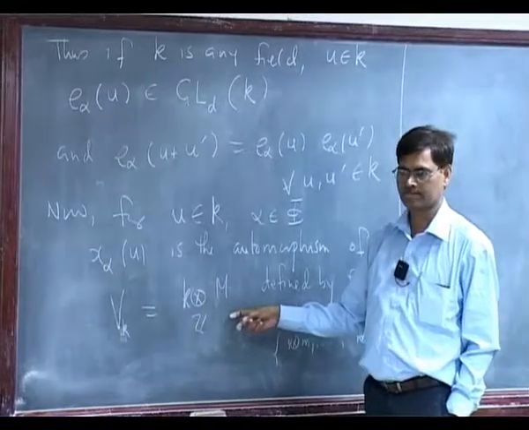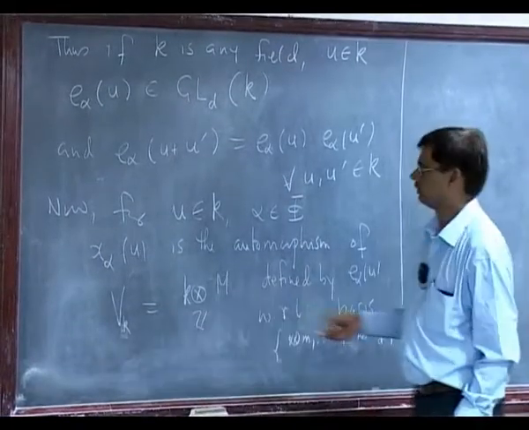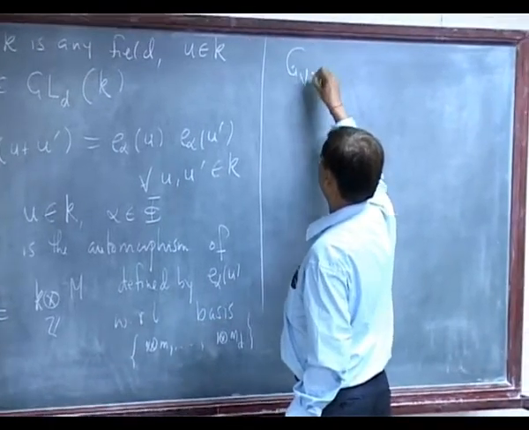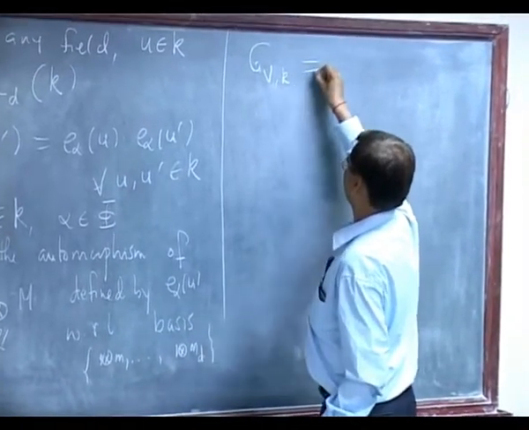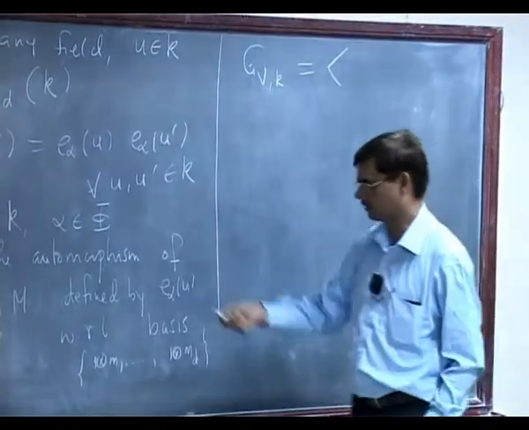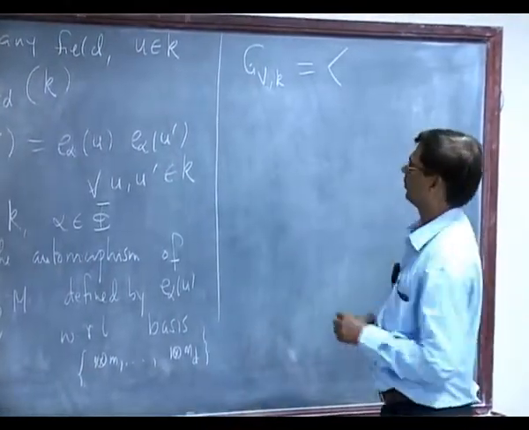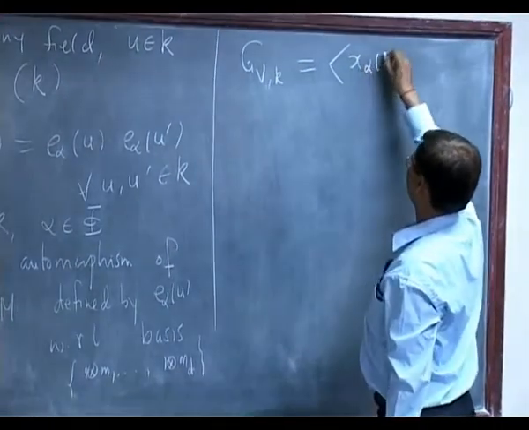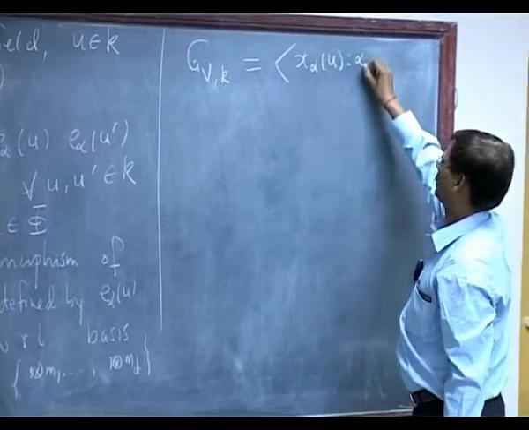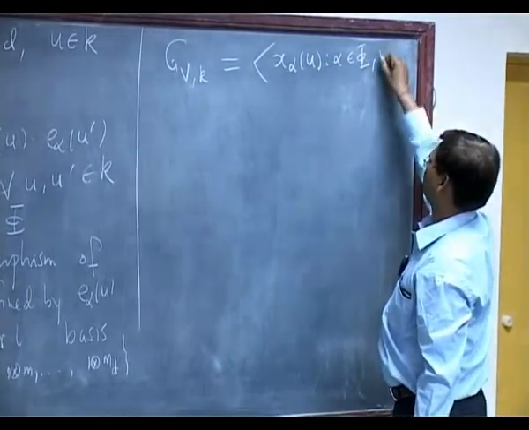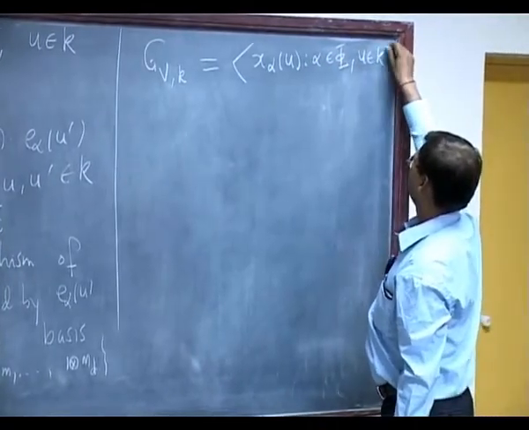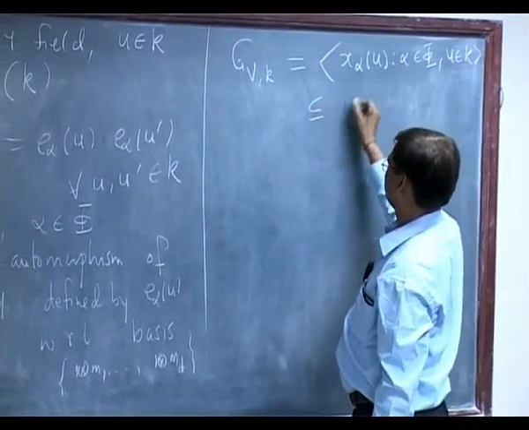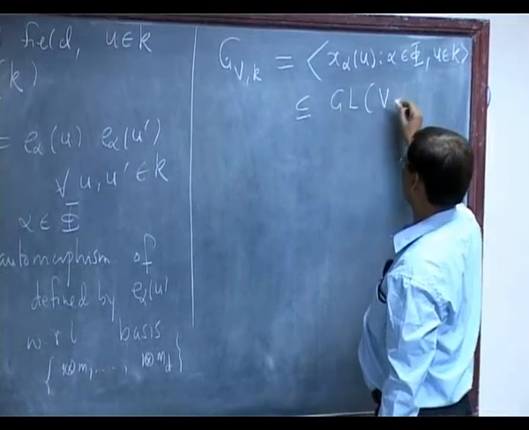Now G V K is the group of such linear transformations X alpha u, where alpha belongs to phi and u belongs to K. So this is a subgroup of what? GL V K, right?